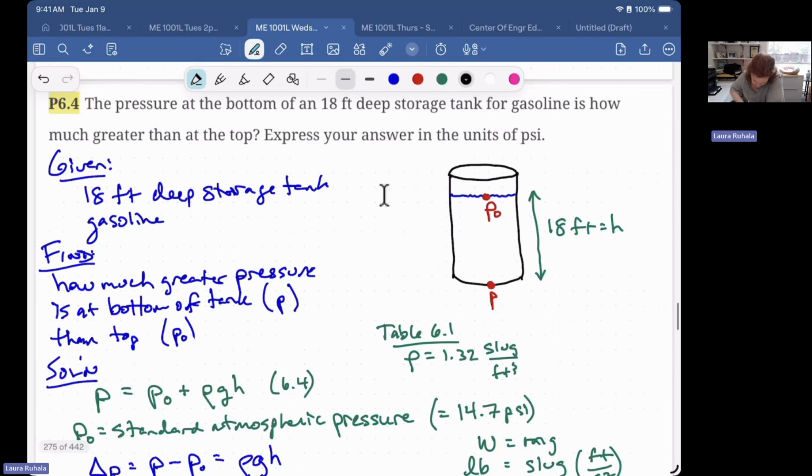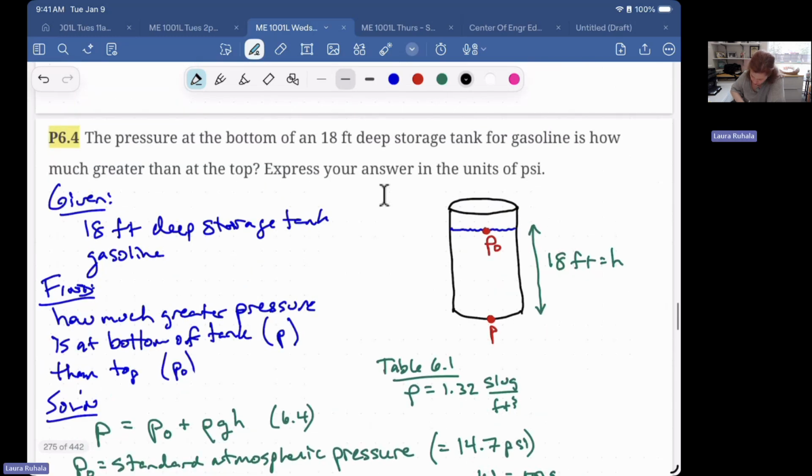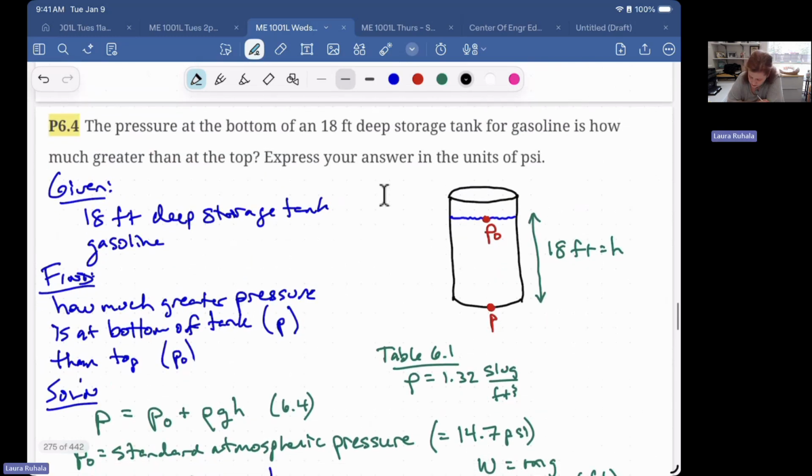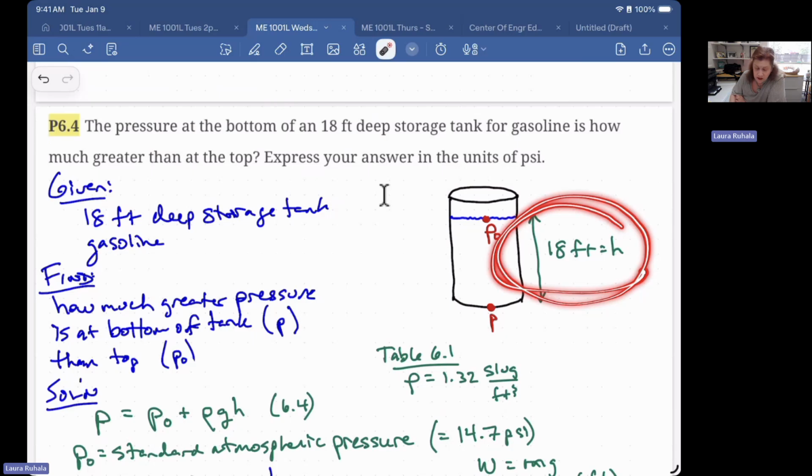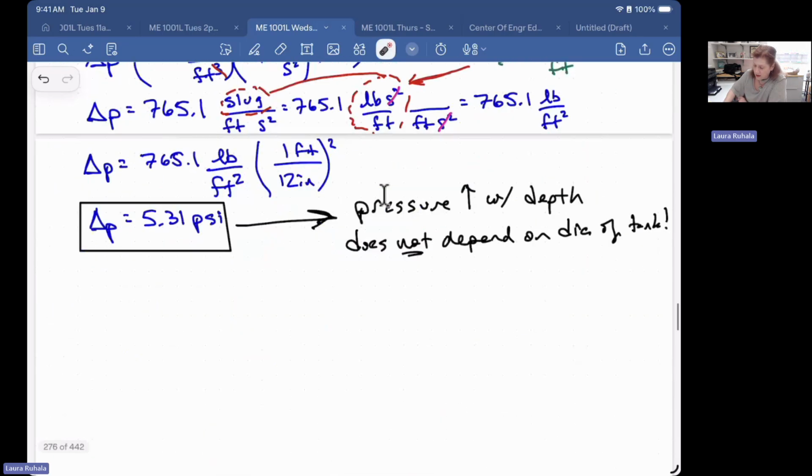Were we given the diameter of the tank? We actually weren't. We weren't even told how big the diameter of this tank is. It might be at a huge storage facility, and this is 30 feet across. It could be a glass of water, and it is 3 inches across. It doesn't matter. The pressure is only related dimensionally to the height. So if I had an 18-foot glass of water, this is how much the pressure is going to be at the bottom.